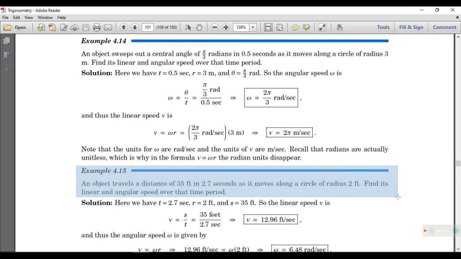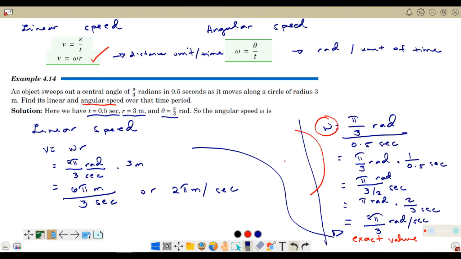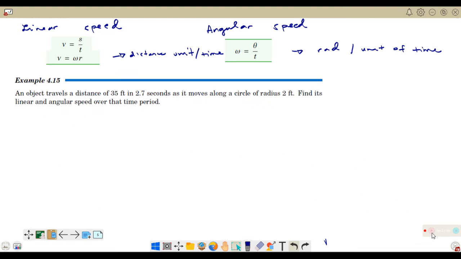Let's try another example. Okay, so we have example 4.15. An object travels a distance of 35 feet in 2.7 seconds as it moves along a circle of radius 2 feet.